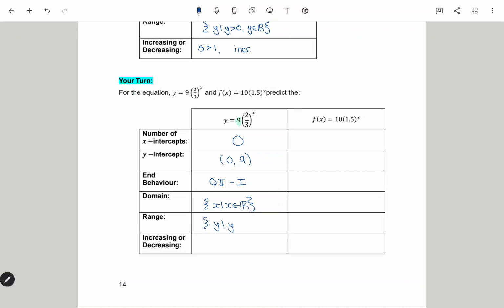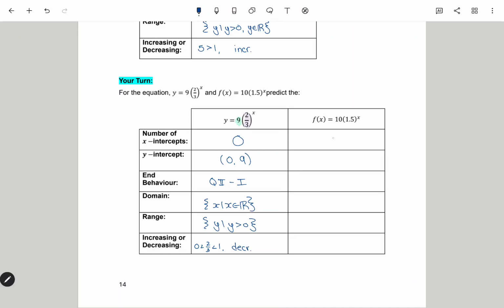Range, always greater than 0. And to tell if we're increasing or decreasing, let's look at that b value. Well, 2/3 is between 0 and 1. Therefore, we know this function is decreasing.